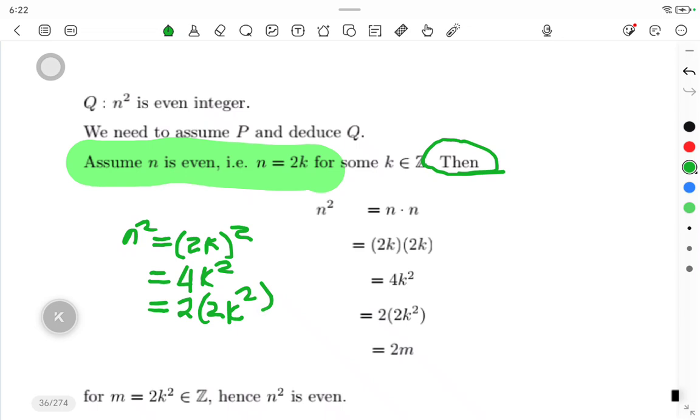Then I'm going to replace this 2k squared by some variable. You see here they used m, and after that you can say "for" or "where" m is equal to 2k squared.